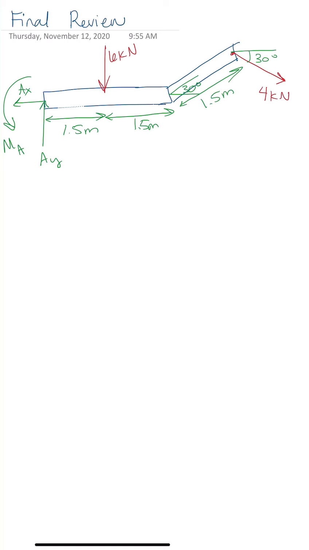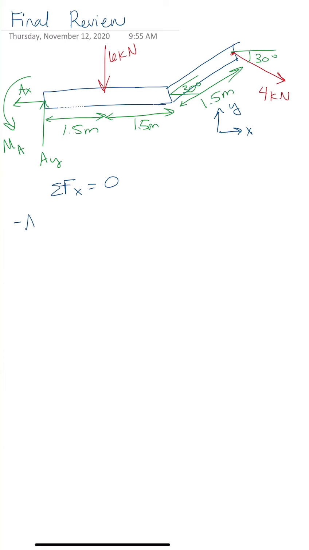So what we can do is just sum the forces. The equations we have are sum of the forces in the x direction, the y direction, and the moments about a point. So I'm going to sum the forces in the x direction equal to 0. Oh yeah, we need to mark what our positive x, y directions are.